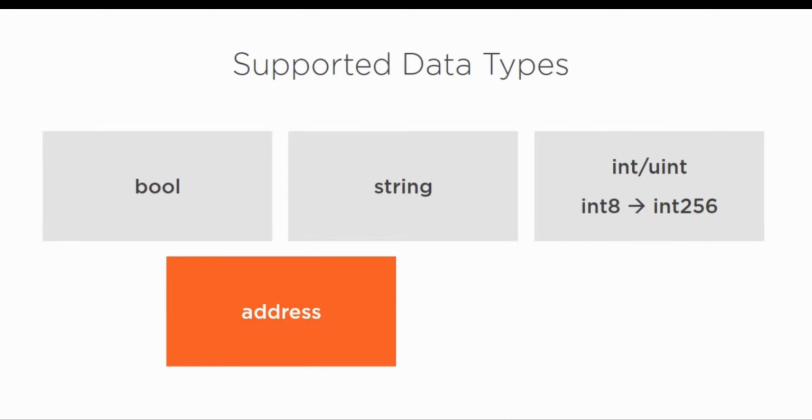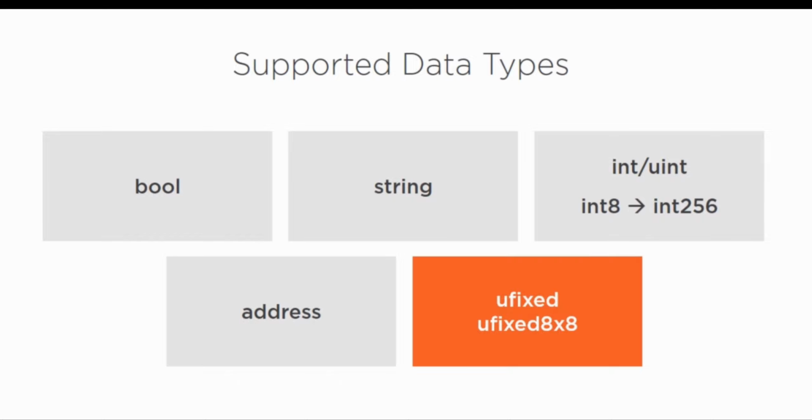Another really useful type is the address type. It can store an address used in Ethereum, for example to an account or a contract. This is useful in many ways, as we will see later. At the time of writing, Solidity does not support fixed point numbers, but it should be supported quite soon. When using the upcoming type, you must specify the number of bits you want to use for each part of the number, for example 8 by 8.